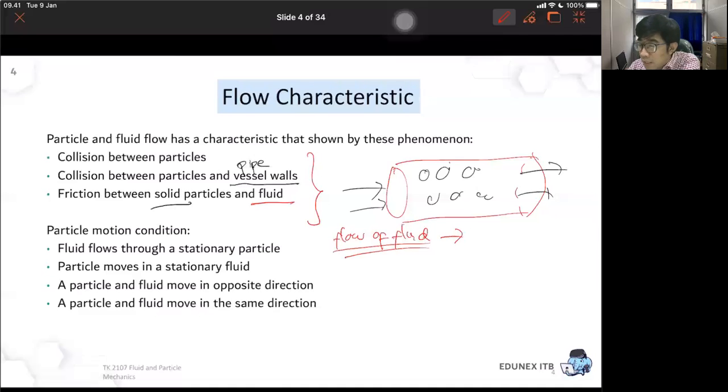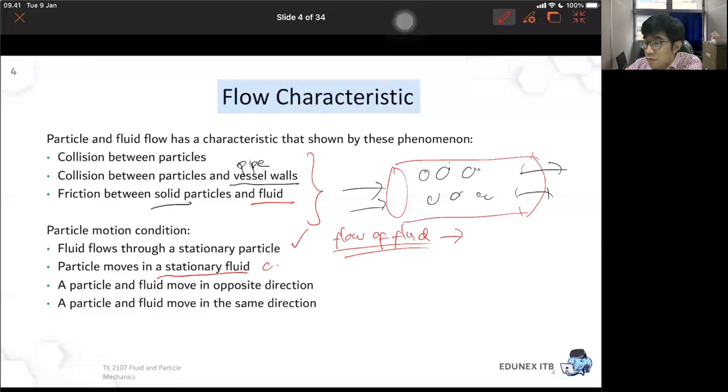First, you can encounter that the fluid will flow, but the particle is stationary. Or another phenomenon, you have gas flow, you have solid, and the particles will move, but the fluid can still flow at constant velocity.